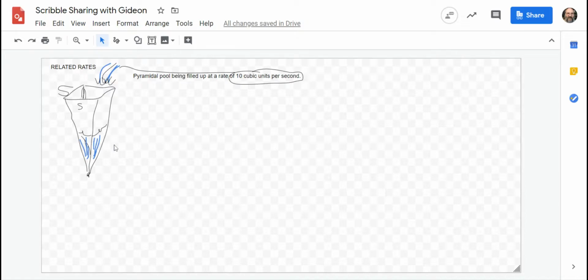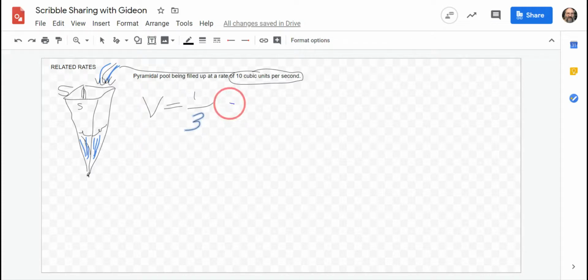So, well, we got to talk about volume. Cubic units means we need volume. And of course, we know the generic formula, or we're given the generic formula for the volume of a pyramid. The volume of a pyramid is 1/3 of the base area.